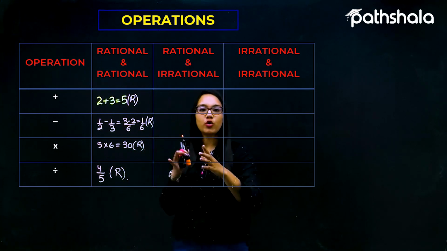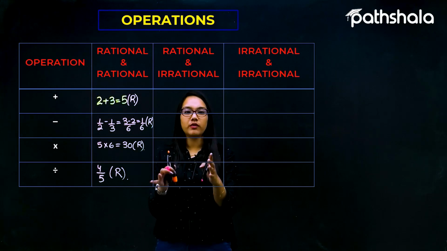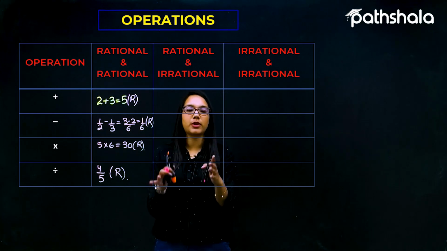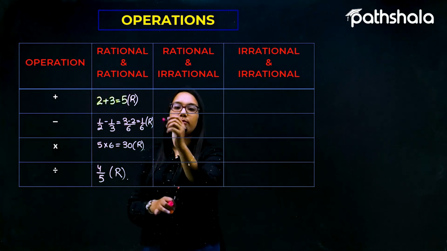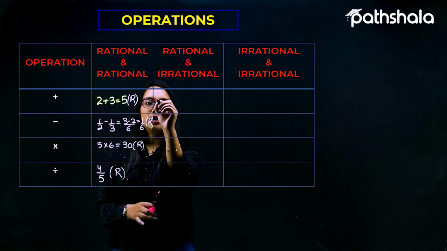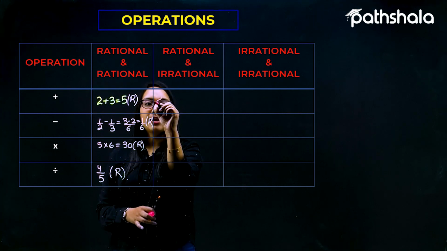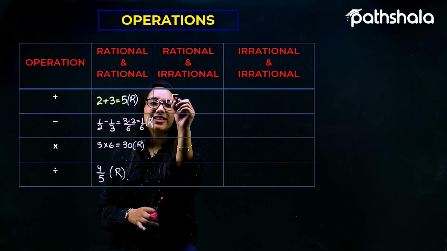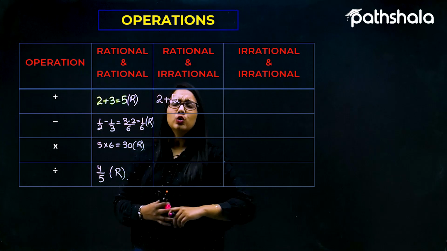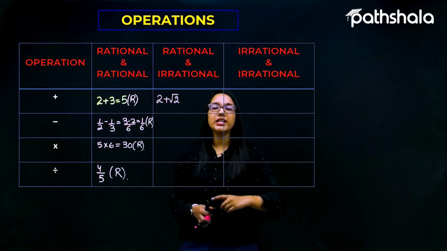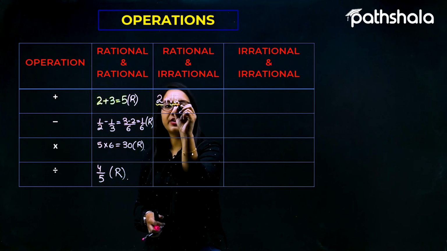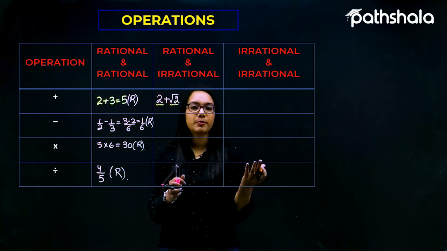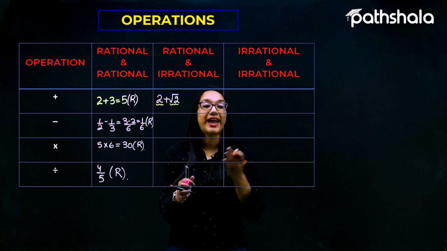So let's move on to the second block, in which we will talk about addition, subtraction, multiplication and division of a rational and an irrational. Let us suppose I am talking about addition. If we take the rational number 2 and the irrational number root 2, then 2 plus root 2 is an addition of a rational and an irrational. We cannot add these two numbers because they are not like terms.